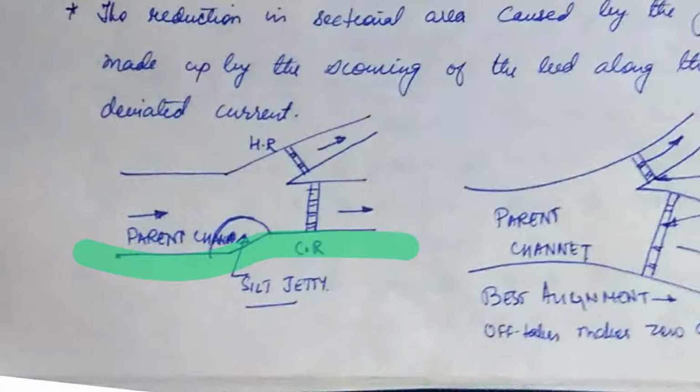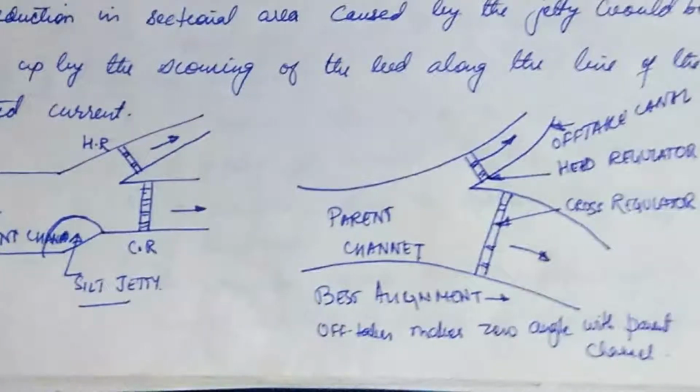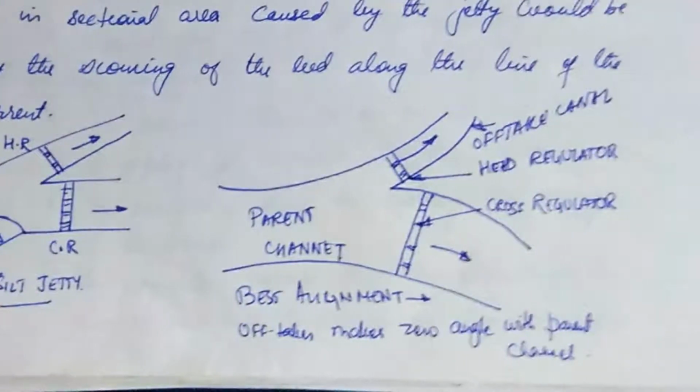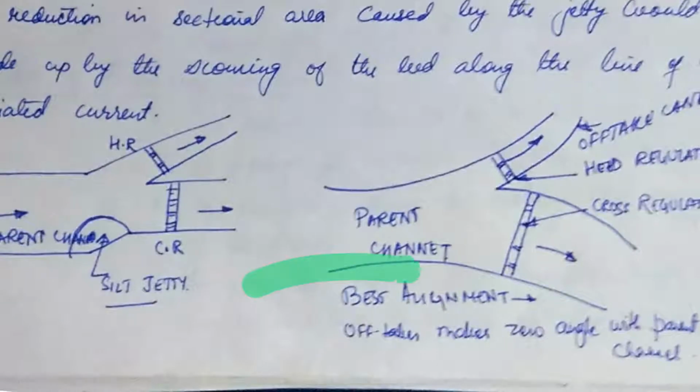Here what we see is what I was talking about. If the alignment is designed in this way, then what happens? This is your zT, this portion where silt gets deposited, and it can cover your bed as well. And this one here you can see there is no angle, there is a very smooth transition from parent channel to the distribution channel, and no sharp angles like this are made here.